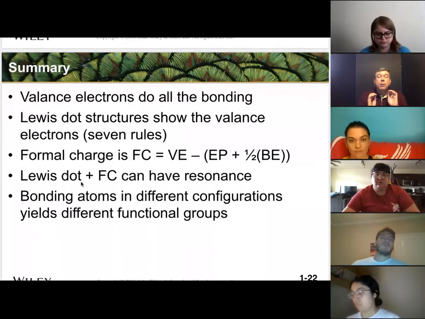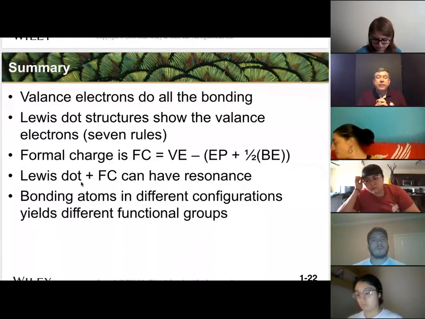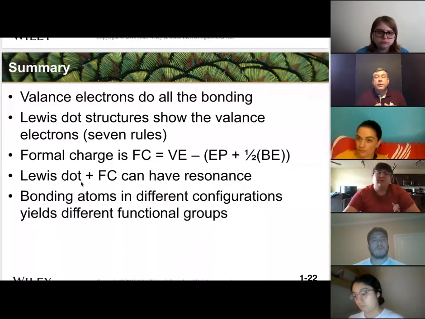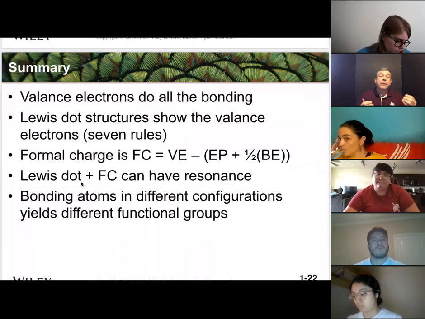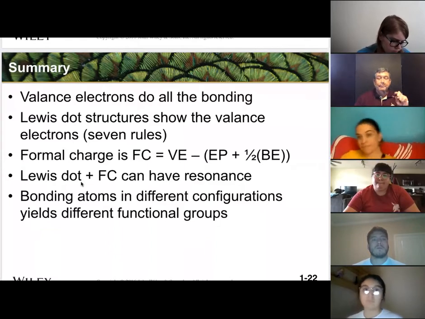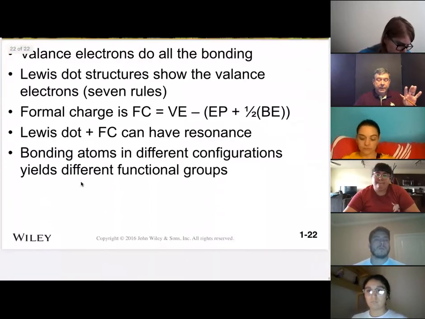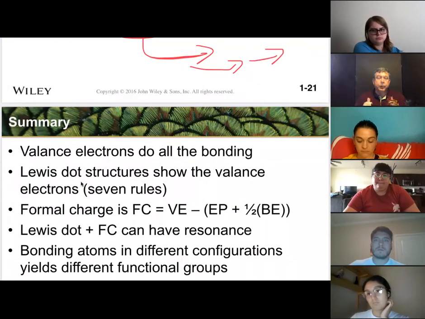And the different ways in which you can bond atoms together give rise to different functional groups. Those different functional groups have different names, different reactivities, and different reactions associated with them. So that is the end of this part 2, chapter 1, goal 2.